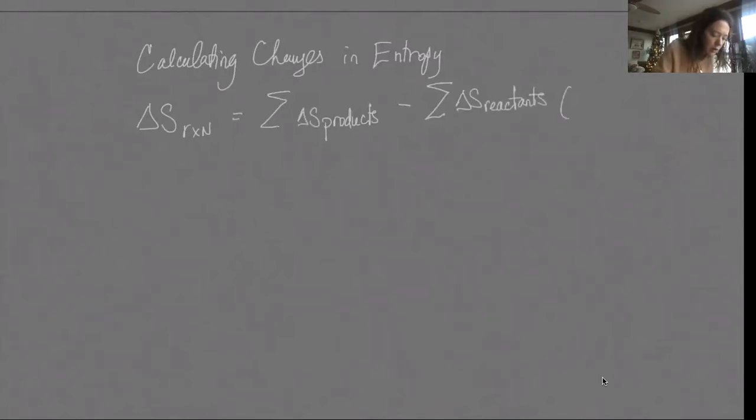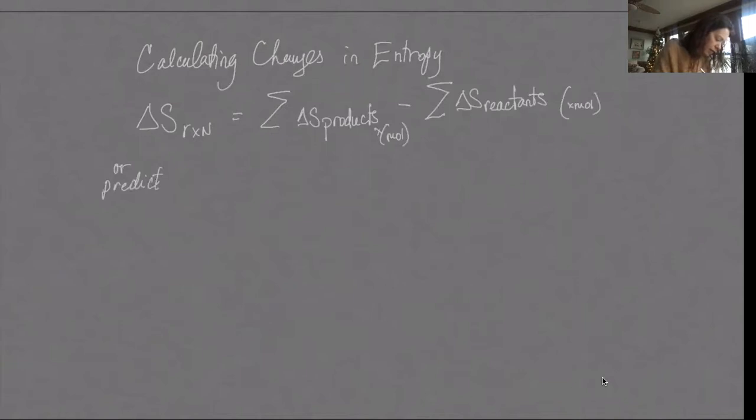And you might want to write these as R times the moles, right? So the way it's balanced matters, okay? Or you can predict whether it will be a positive entropy change or a negative entropy change, right? We're going to apply that real quick.